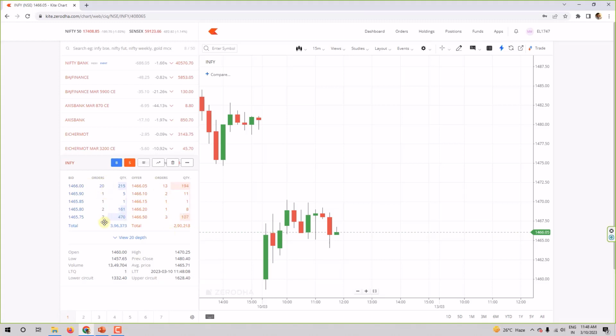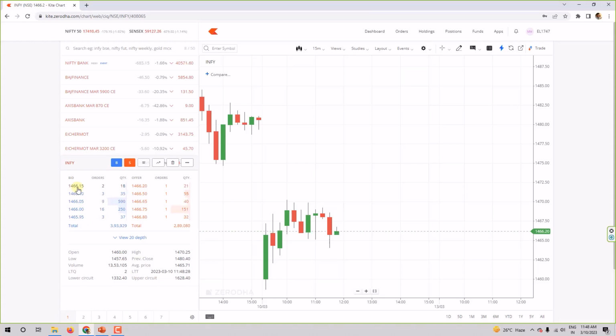On the left side it is bid, on the right side it is ask or offer price. Left side it is always buyers, right side it is always sellers.